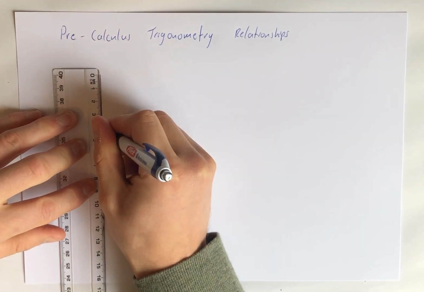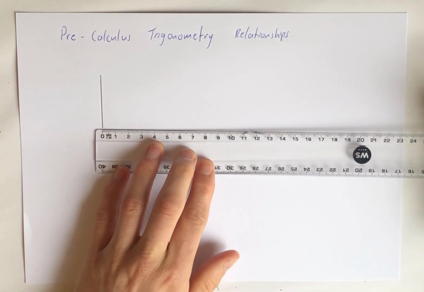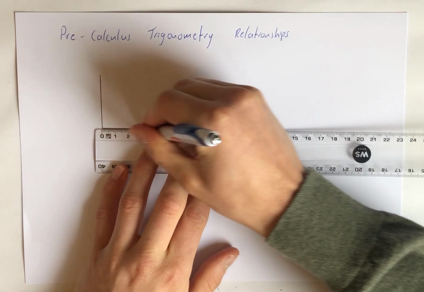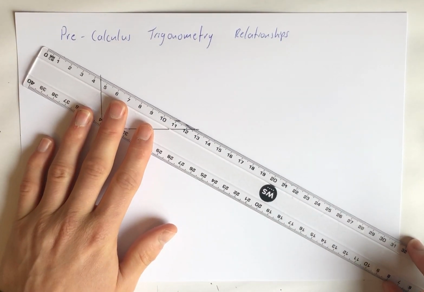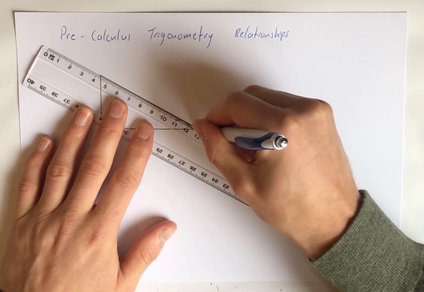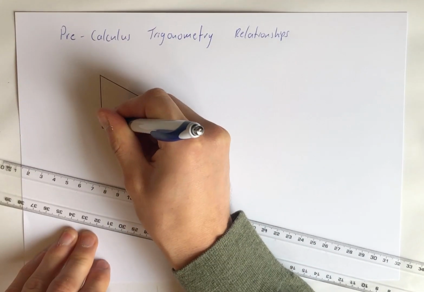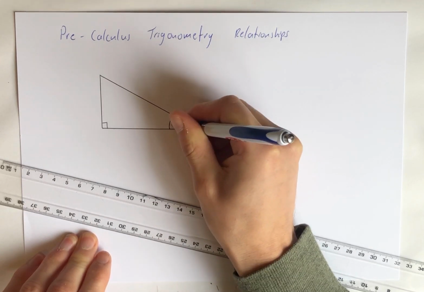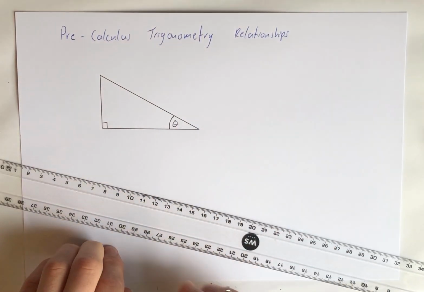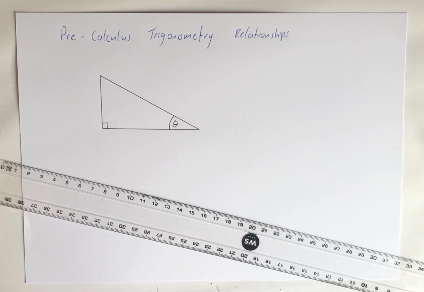So let's just construct a right angle triangle on this first page of our work. A right angle triangle with some sort of angle theta. So from year 10 and year 11 trig, you know that there are three trig functions.